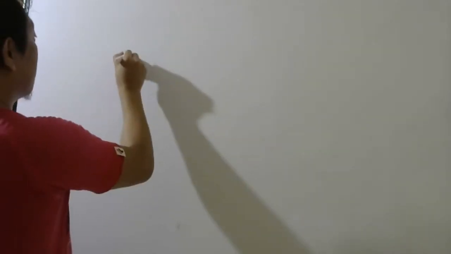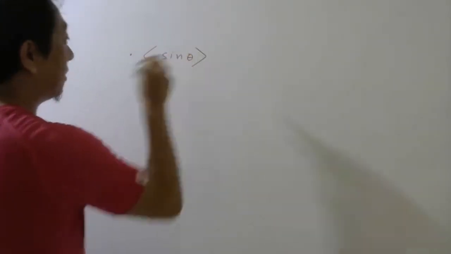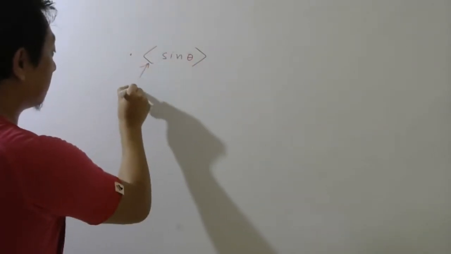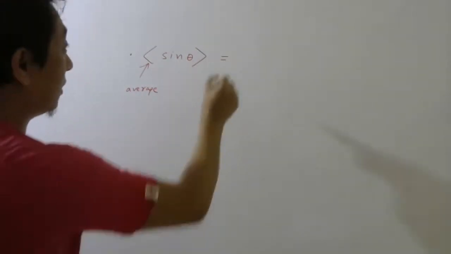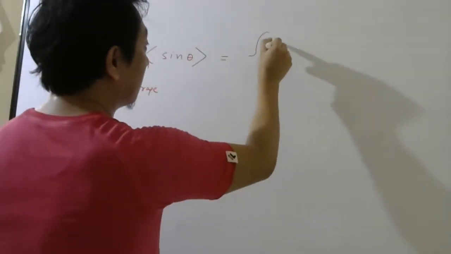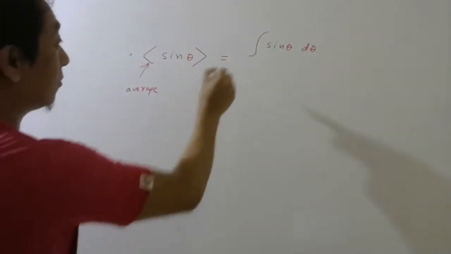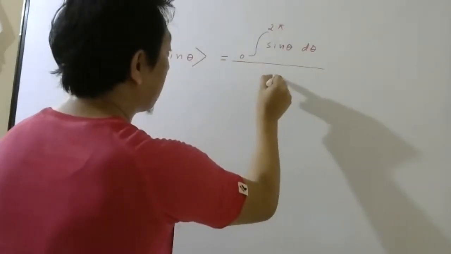So now suppose I say find the average of sine function. This is the symbol for average, okay? Then what should I do? Integrate the sine function with respect to theta from 0 to 2 pi, divide by 2 pi.